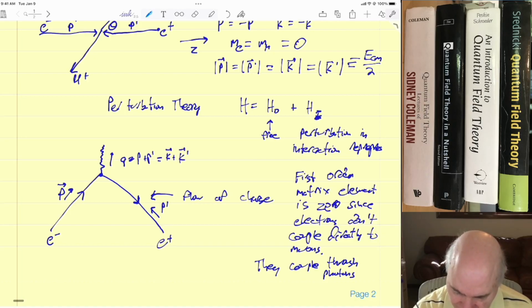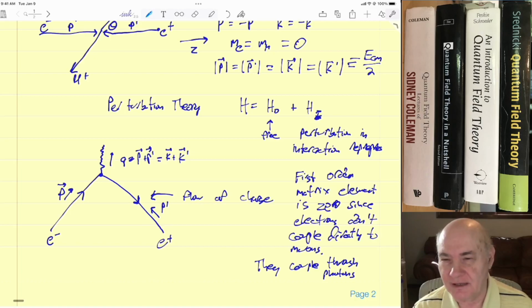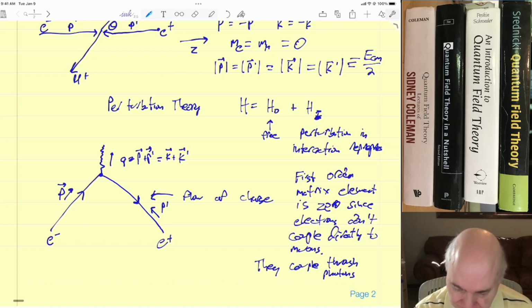Now I know some of you are going to say, well, in the center of mass, that's 0. How can a photon have 0 momentum? If a photon has to move at the velocity of light, it can't stand still. Well, this is a virtual photon, and virtual particles, as you may remember from quantum mechanics, or as you'll certainly learn in quantum field theory, they can do anything. They don't have to be on what's called the mass shell. So this is a virtual photon.